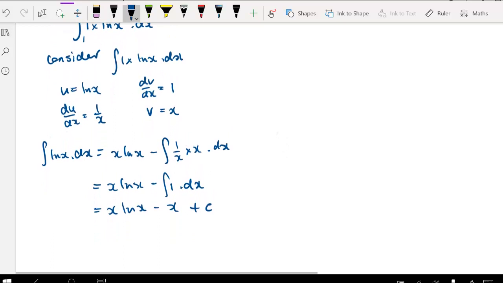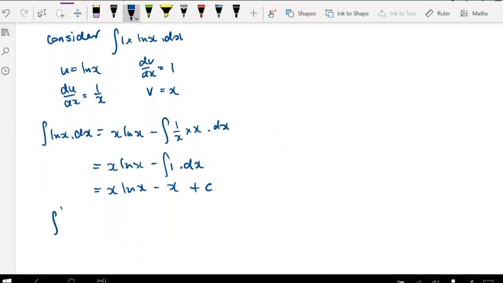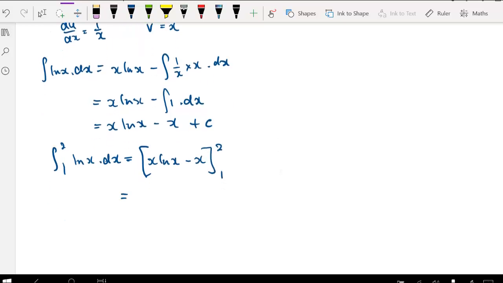So now if I go back to considering the integral between 2 and 1 of ln x dx, it will be x ln x take x between 2 and 1. That means it will be 2 ln 2 subtract 2, subtract 1 ln 1 take 1.